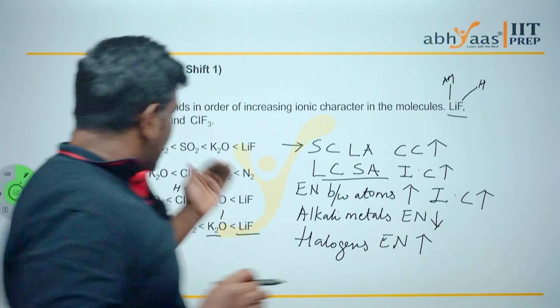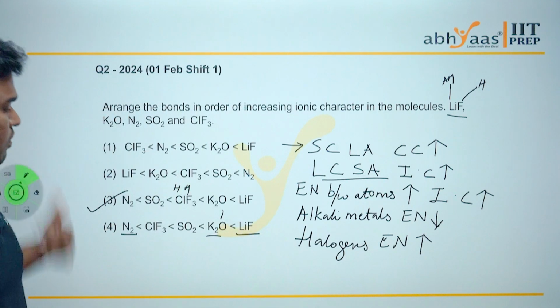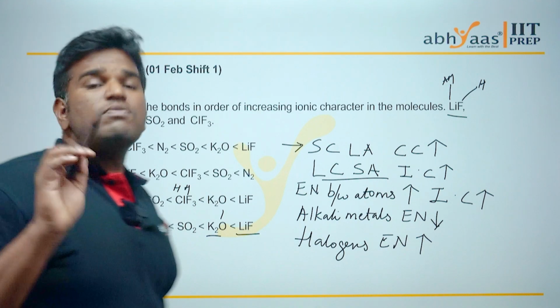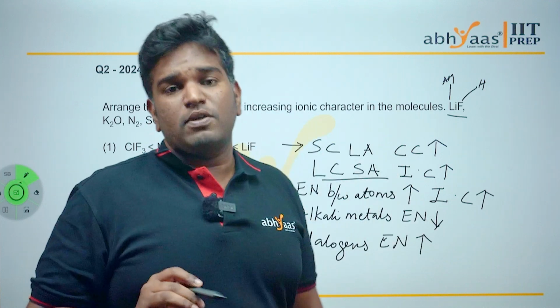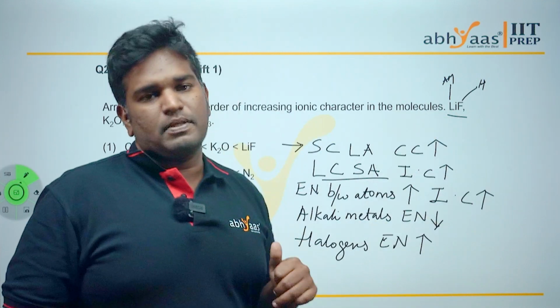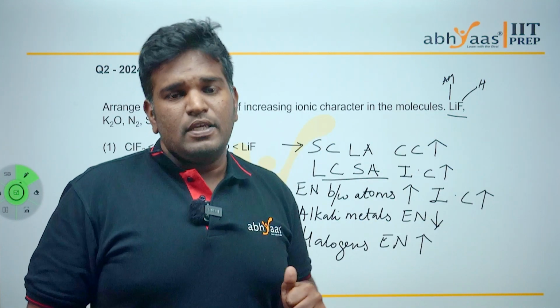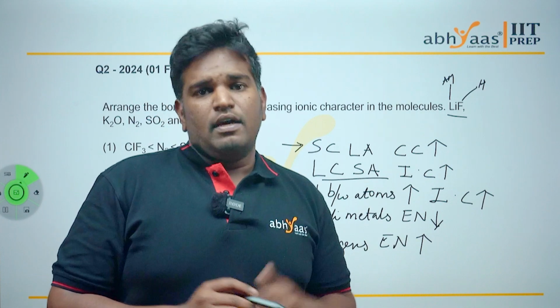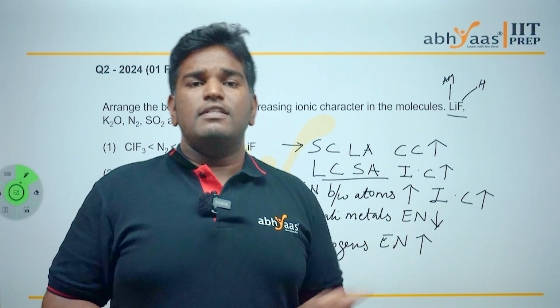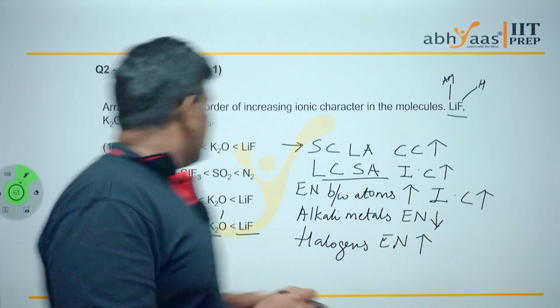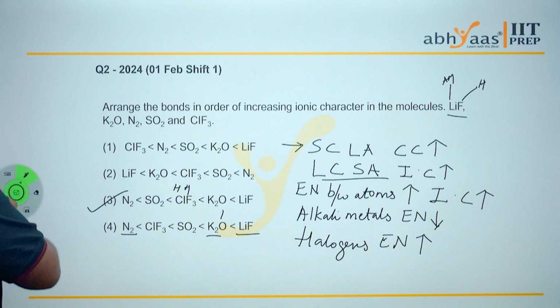So here LiF will be having the maximum, which is followed by K2O, then ClF3, SO2 and N2. So this will be the order of ionic character, and we can solve this particular problem keeping this principle in your mind. So I hope this problem is easy for you, like you have understood the principle behind solving this particular problem. Now we will move to the next question.